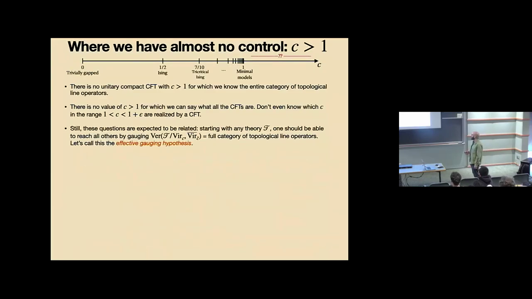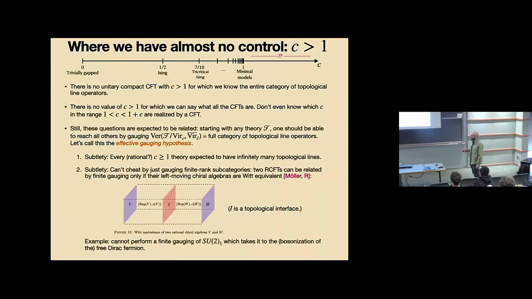This point about finite gauging not being enough? When you say Dirac fermion, you mean the one with the spin structure? Yeah, the bosonization. I'm thinking about U(1) level 4. In the units where R equals square root of 2 is SU(2) level 1, this is R equals 2, the bosonization of the Dirac fermion.